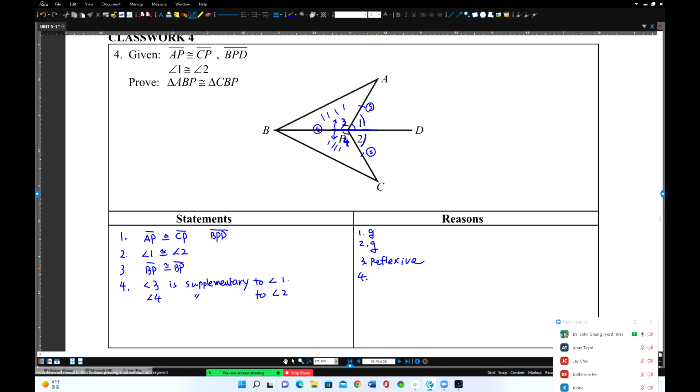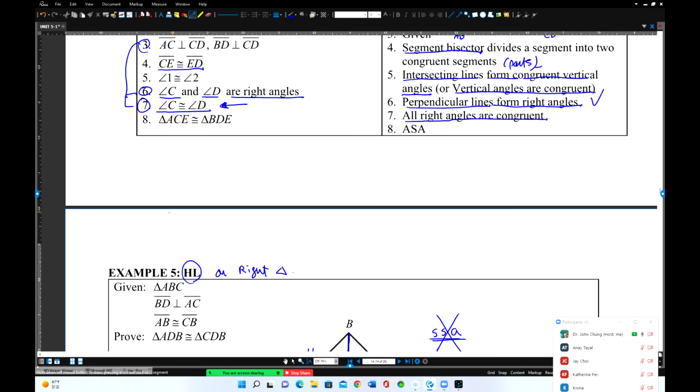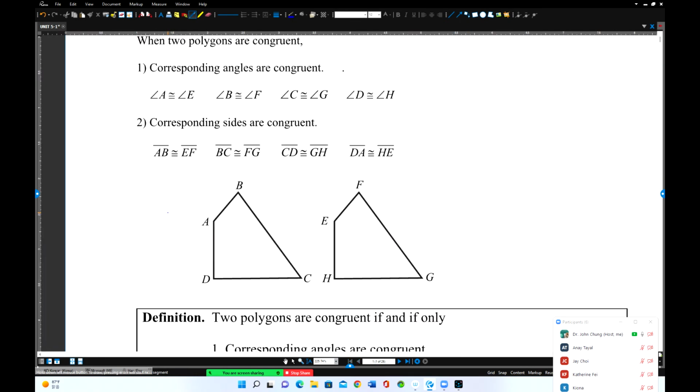The angles that form a linear pair are supplementary. Okay, because we told you already, I showed you the linear pair up there.